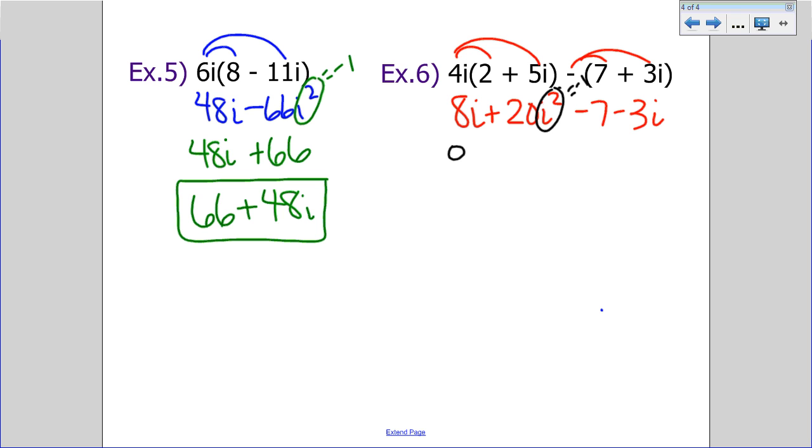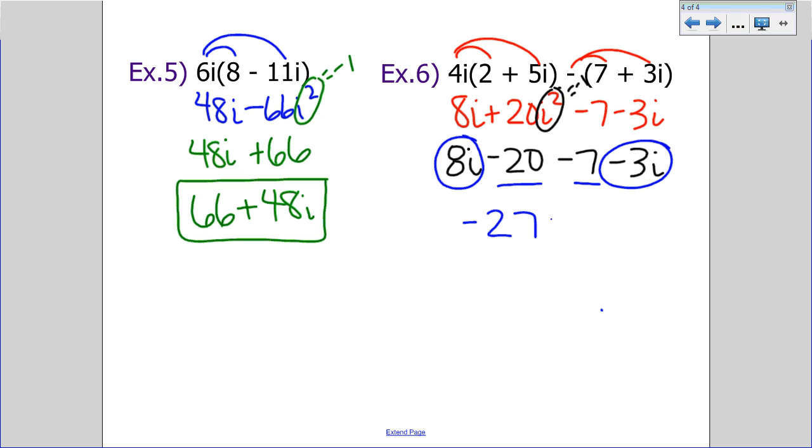So this is 8i minus 20 minus 7 minus 3i. Combine your like terms. We want our real numbers first, so this is negative 27. And then 8i minus 3i is a positive 5i. So notice we're not going to have any i squareds here. Everything is going to be just i, because anytime we have i squared, it simply changes the sign on our term.